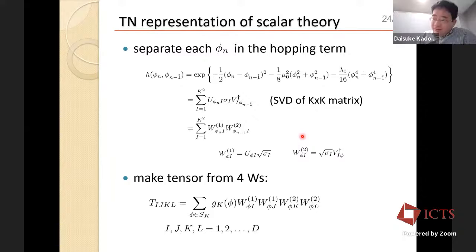We can use the TRG method for real time. And has somebody done it? Yes. Shinji has already done the real-time simulation of scalar field theory using the Schwinger-Keldysh formalism.